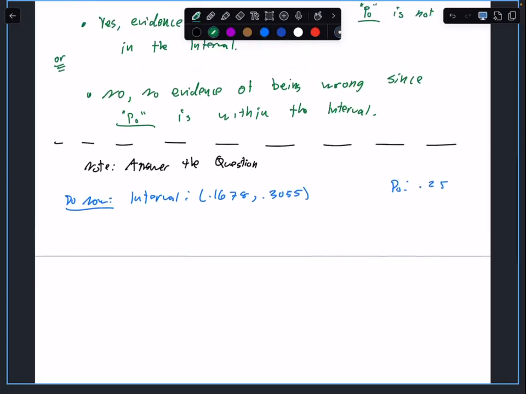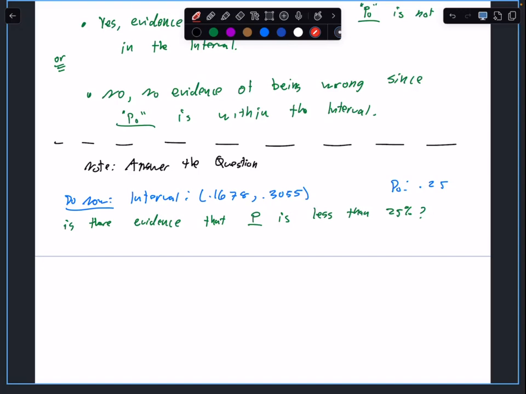And so my question here is, and I'll word it more like this when it comes to the exam and the practice, is there evidence that P is less than 25%? Okay. And my answer to this question would be, what do you think it is? Yes or no? Is there evidence, based on this interval, that the actual P is less than 25%?